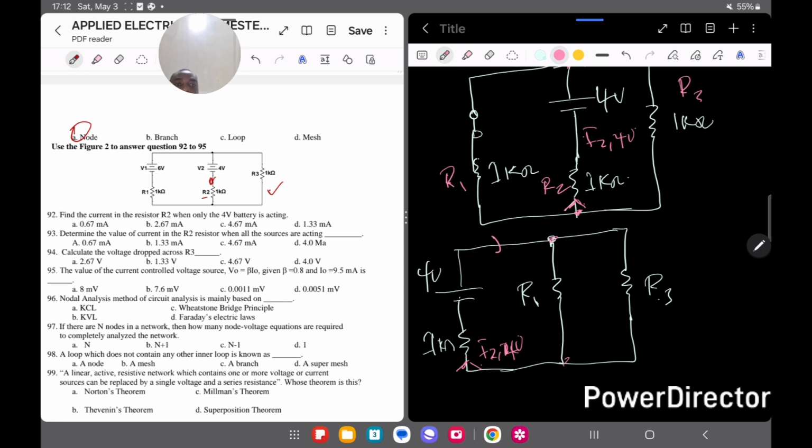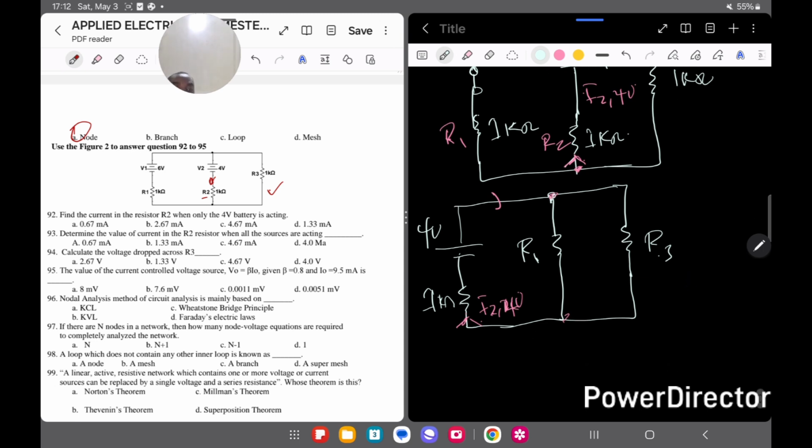Now with this, we can find the current I2 due to 4 volts acting alone. To find this, since R1 and R3 are in parallel and their resistances are the same, 1 kilo ohm, 1 kilo ohm, in getting the equivalent resistance, you can call it the overall equivalent resistance.